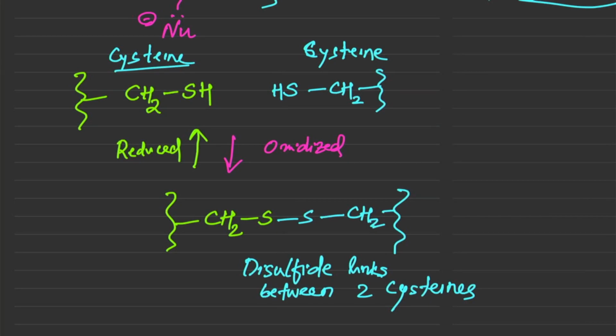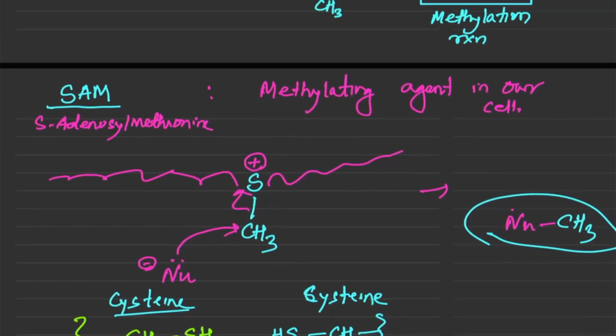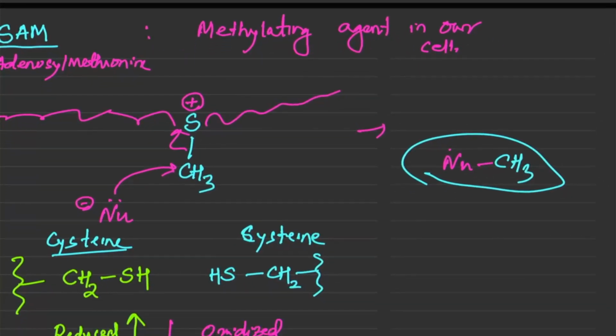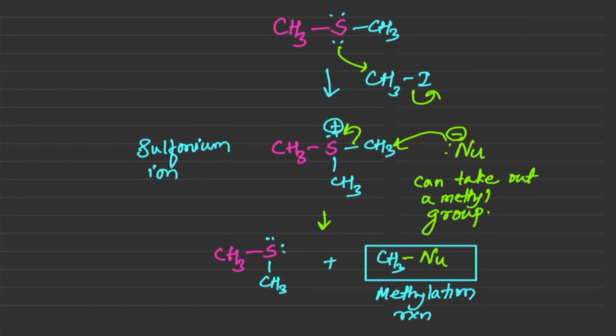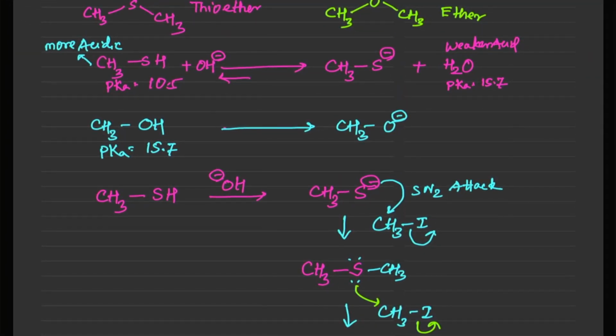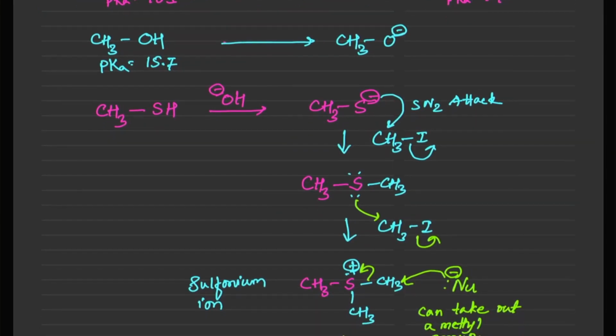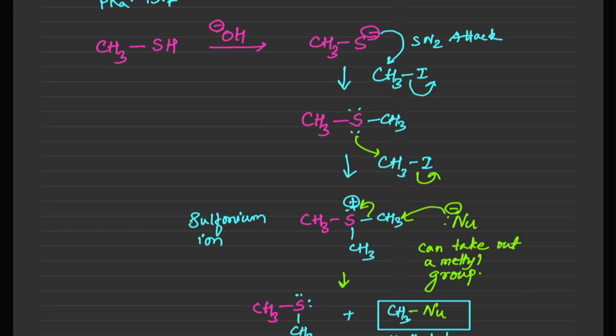All right, so that's pretty much a brief introduction to thiols and thioethers. Again, there are two key ideas that you should focus on: thiols are usually a lot more acidic, and we can use them as nucleophiles to do SN2 reactions with alkyl halides like CH3I or CH3Br.